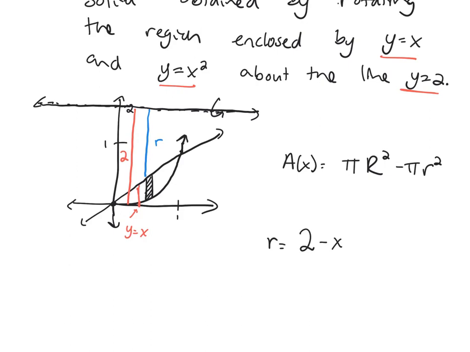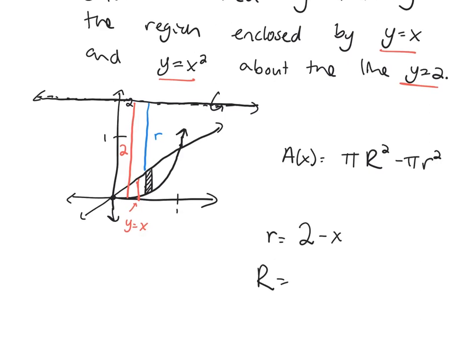So let's see if we can find big R now. What do you think? Big R is the distance down to the parabola.